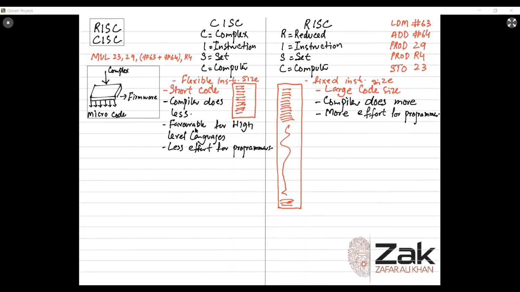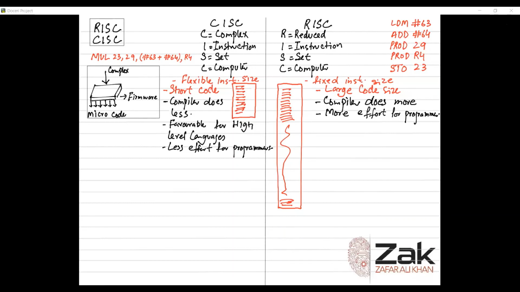Now this is favorable for high-level languages. High-level languages like Python, Visual Basic, Java, AI applications and all that we use nowadays. Just think about it. If we would have to write the simpler code, the programs that you would have written in the form of assembly language, you would be bitten by the length of the programs.